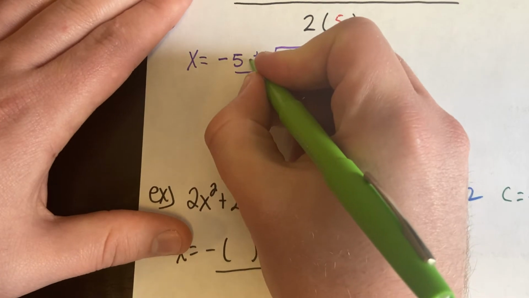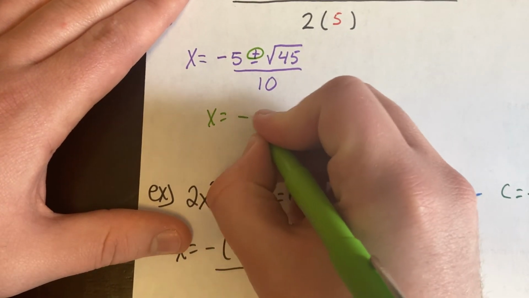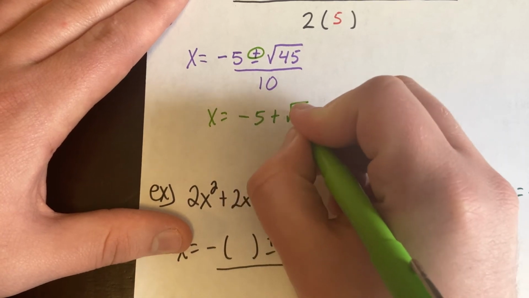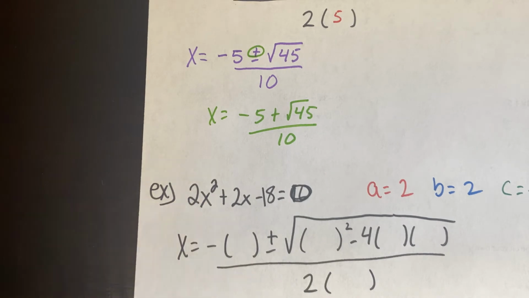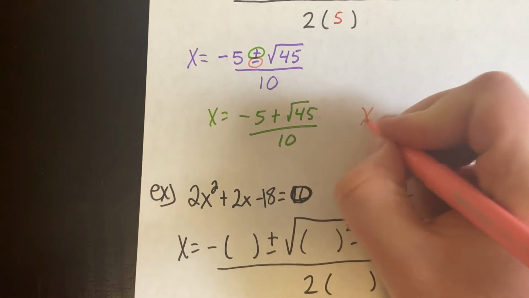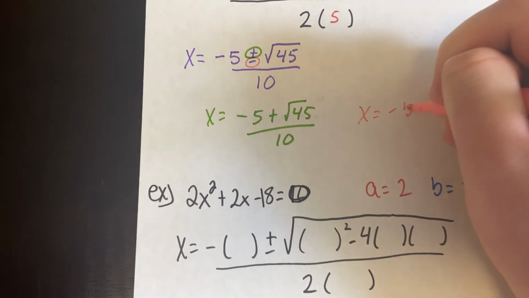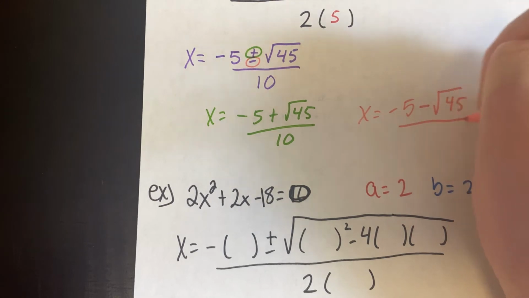So we still have a positive case: x is equal to negative 5 plus the square root of 45 over 10. And you still have the negative case: x is equal to negative 5 minus the square root of 45 over 10.